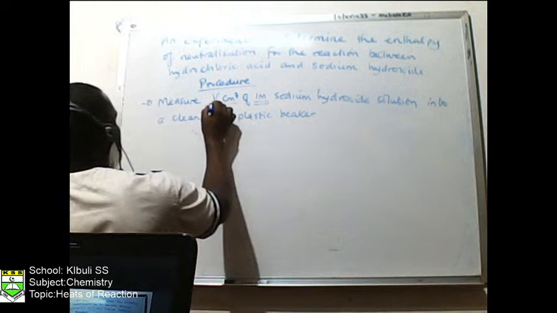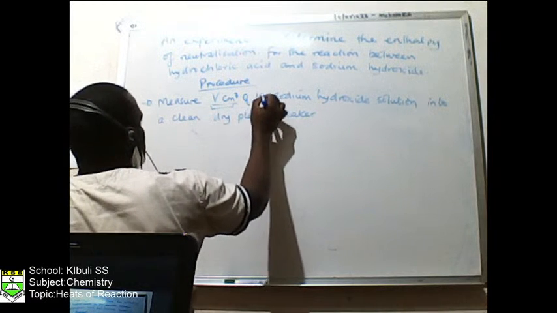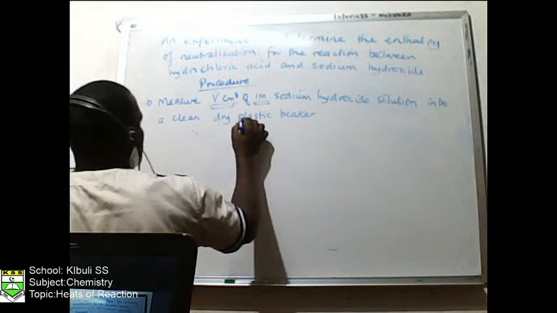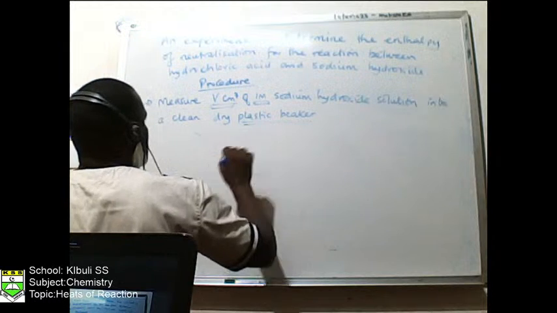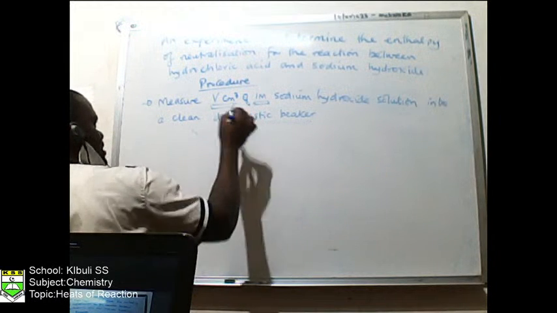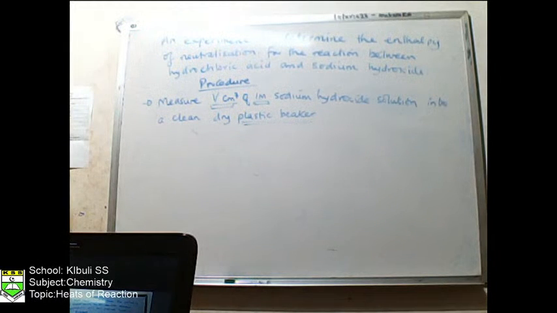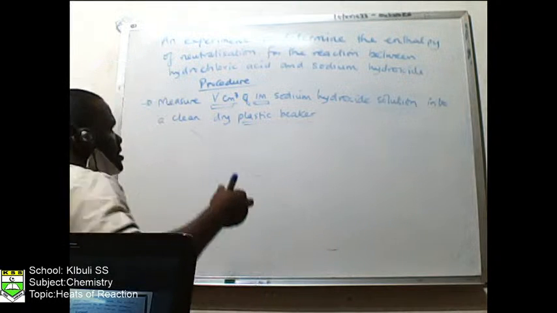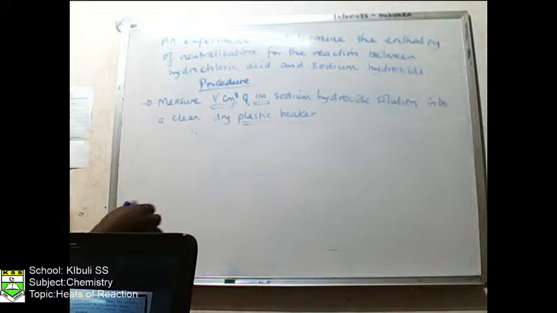So you measure this volume and of course the concentration has to be known, then put it in a dry plastic beaker. Why a plastic beaker? Because plastic is a poor conductor of heat. So we are trying to minimize the heat losses that are occurring due to the apparatus used.